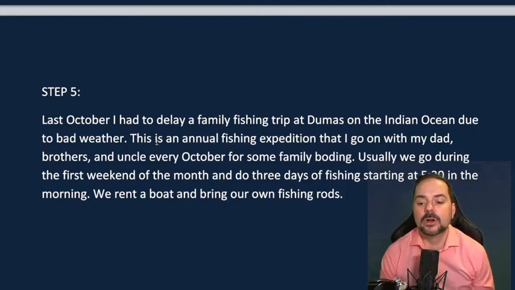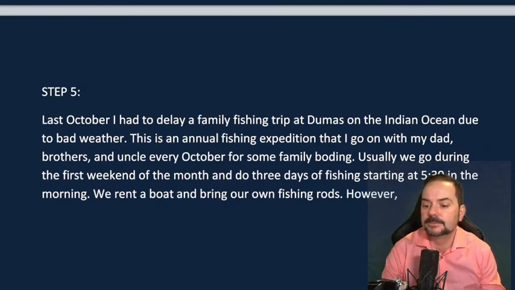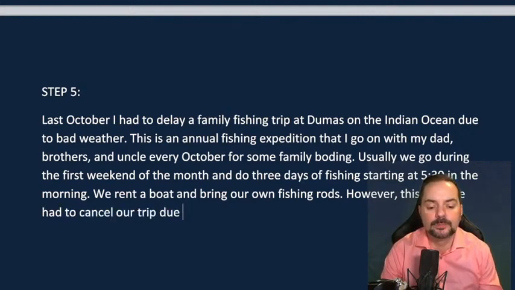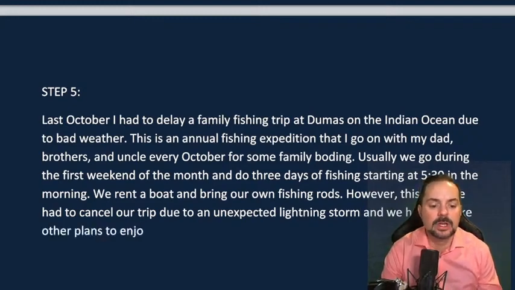So we rent a boat and bring our own fishing rods. However, this year we had to cancel our trip due to an unexpected lightning storm, and we had to make other plans to enjoy each other's company.